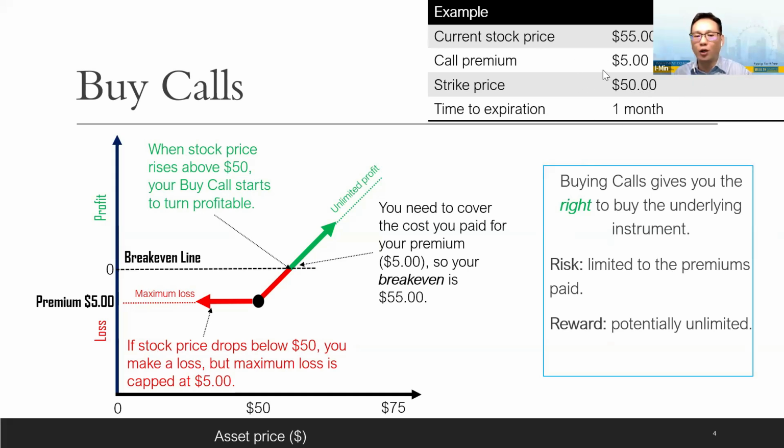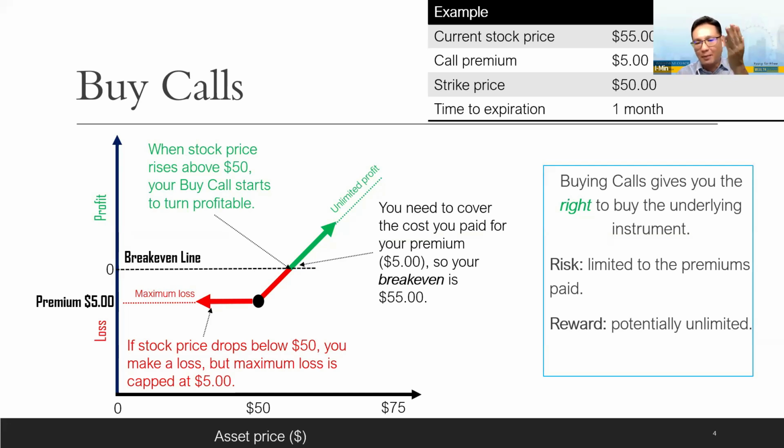Hope it's clear. So there are two separate instruments. One is this stock called Orange, which is traded, so if I want, I can just buy the stock. The other way is that I don't buy the stock, I buy options.